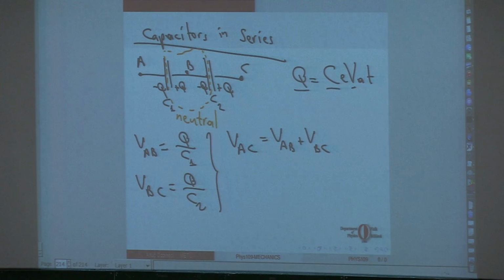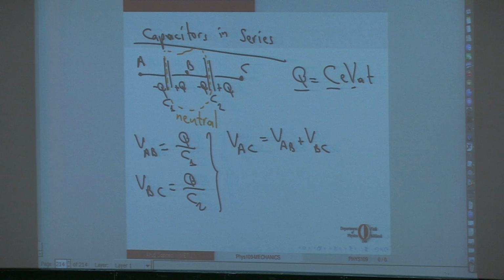We can just imagine, you see, the potential difference is this line integral. You start from A, you end at B, that gives you VAB, and then you continue from B to C, that gives you VBC. The total line integral is the sum of the parts.